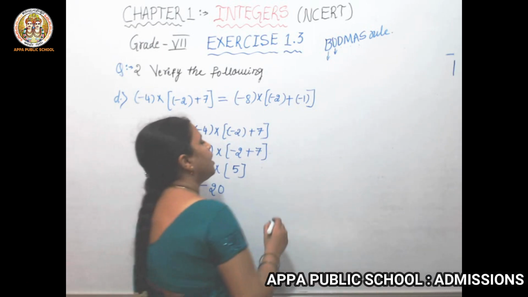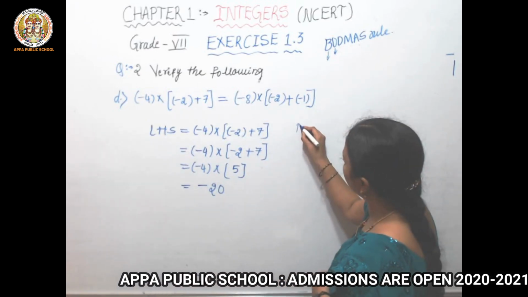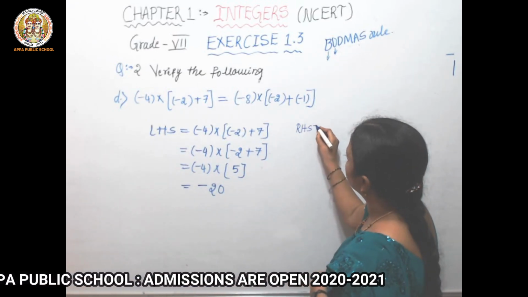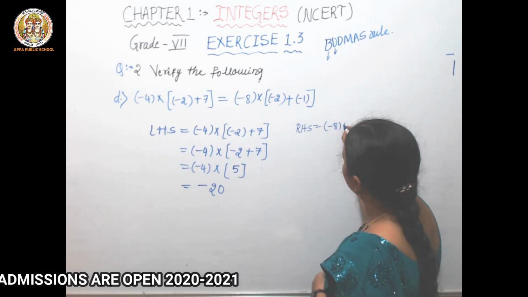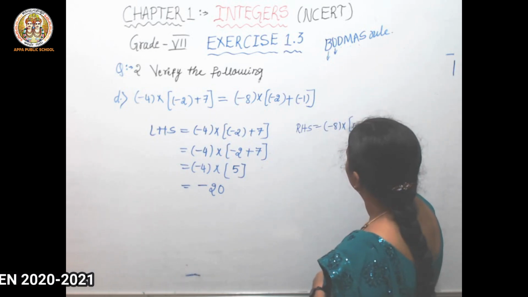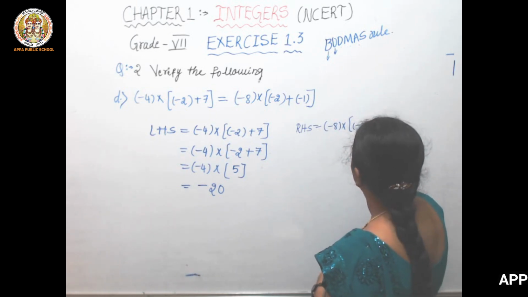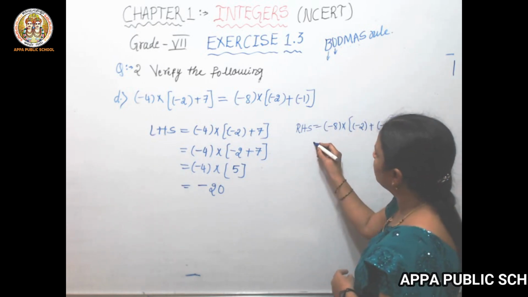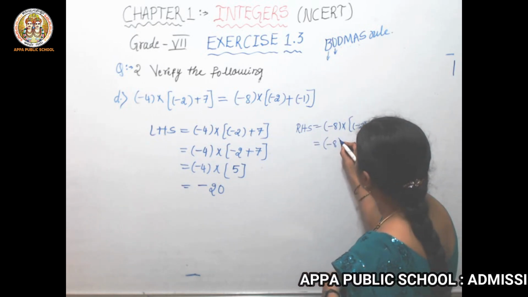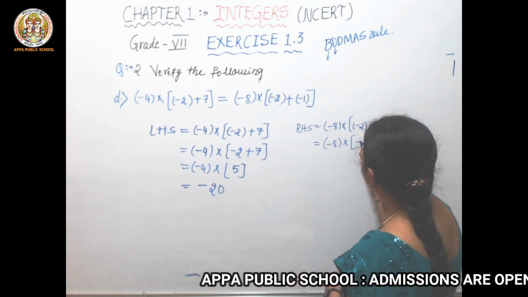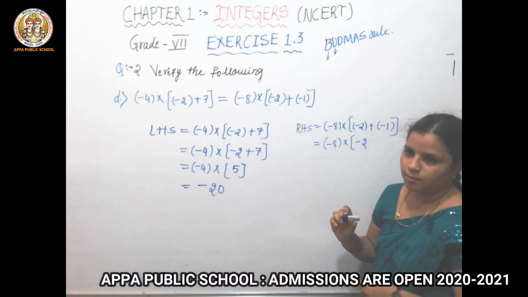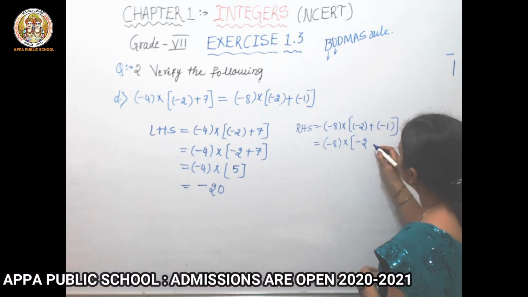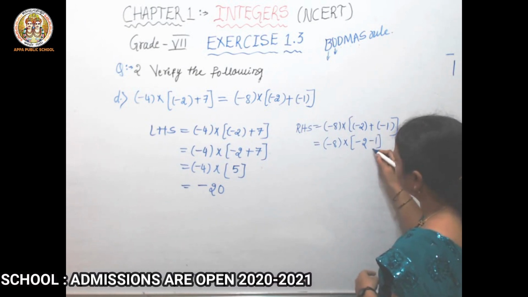Then calculate the RHS part. What do we have on the RHS here? Minus 8 into minus 2 plus minus 1. First solve the bracket. Minus 2 plus into minus as minus 1.